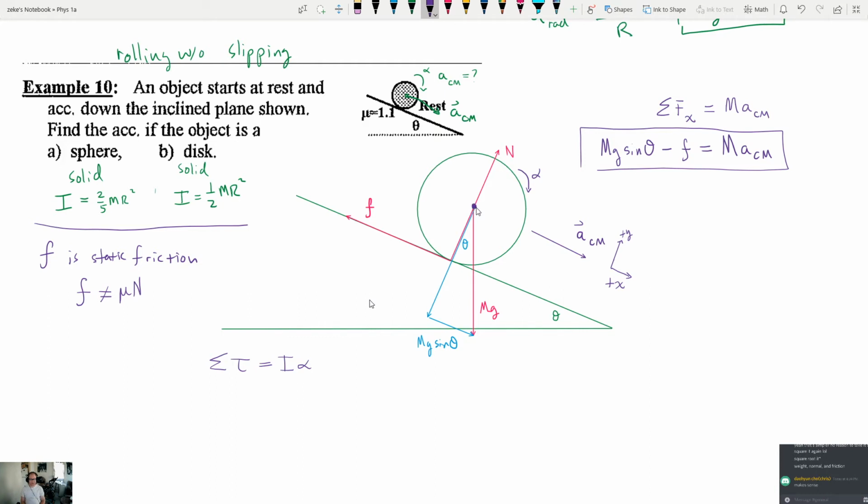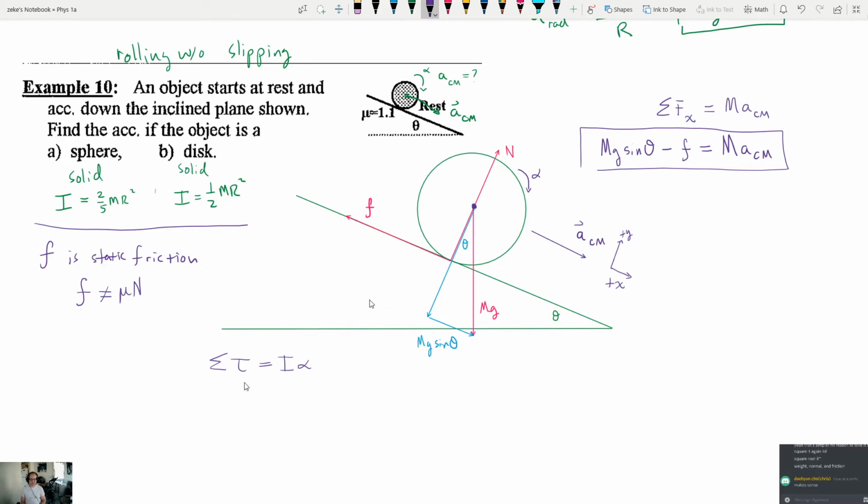This is going to be the axis of rotation, because it's certainly rolling around that axis. The weight pulls directly down, so it's not going to generate any torque. The normal force points straight up through the center, so it's not going to generate any torque. So it's really just the friction force that's making the torque happen.